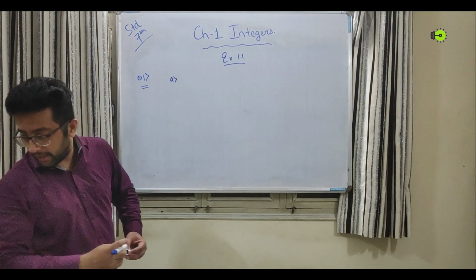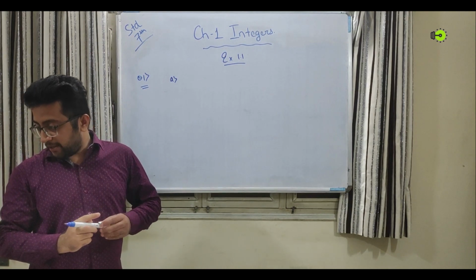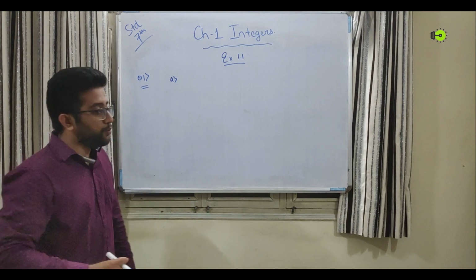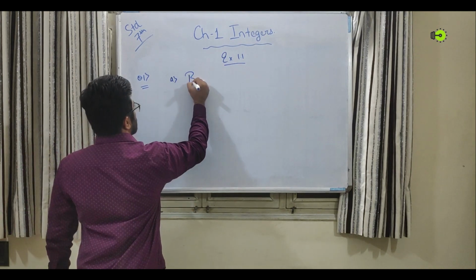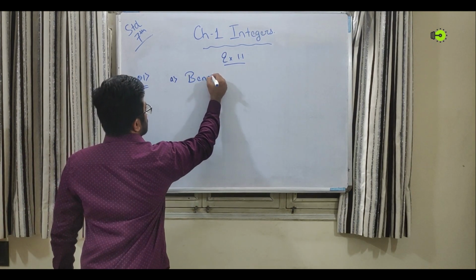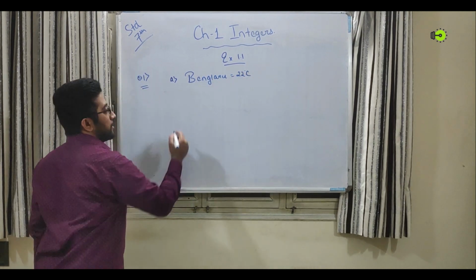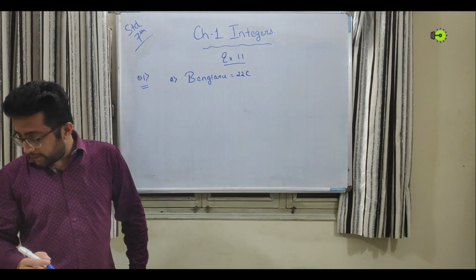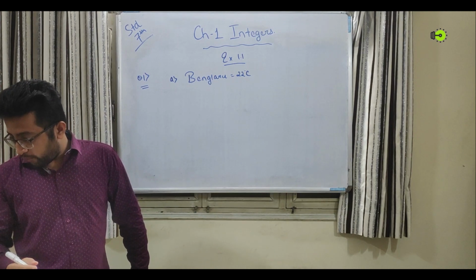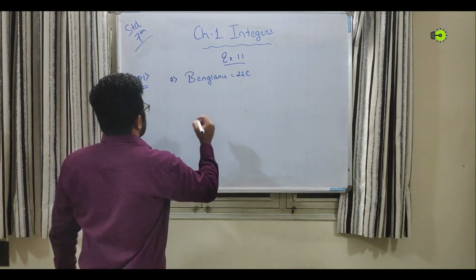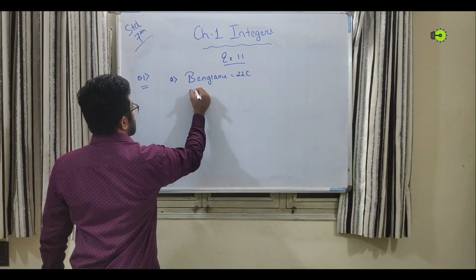First of all we'll start with Bangalore. If you can find Bangalore on the number line, it is 22 degrees Celsius. Bangalore is 22 degrees Celsius. The second one is Ooty, which is 14 degrees Celsius, I think. Yeah, Ooty is 14 degrees Celsius.